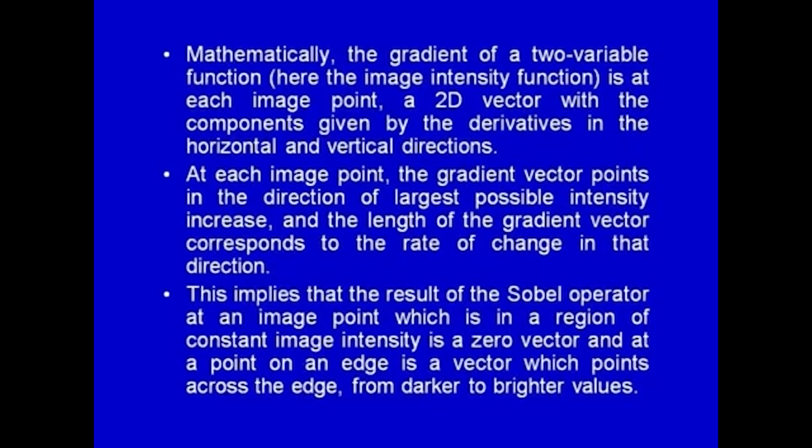This implies that the result of the Sobel operator at an image point in a region of constant image intensity is a 0 vector, and at a point on an edge is a vector which points across the edge from darker to brighter values.